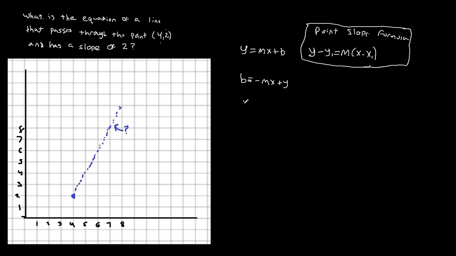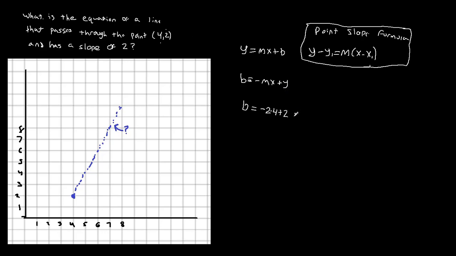Well, we've got a b, which is what we're trying to find. We've got our slope here, which we said was 2. We've got our x, which is 4. Put a times there so we don't think it's negative 24. And then we've got a y here, which is 2.